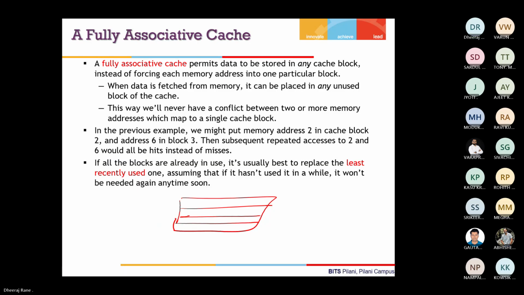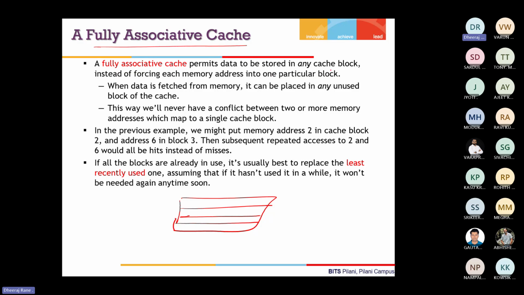So can we derive the electronics in such a way that we can put the data anywhere? And if this can be done, right? So that is ultimately your fully associative cache, right?